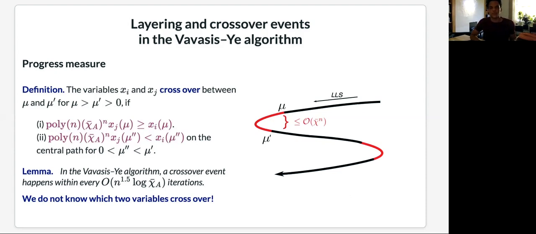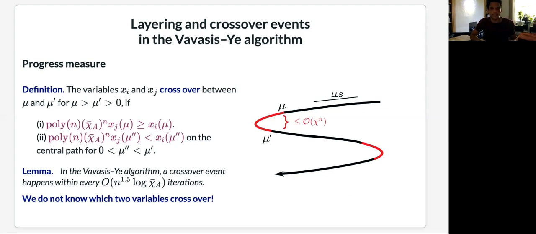And by short, I mean that the length is bounded by something like chi bar to the n, meaning the ratio between the parameter mu on the central path at the beginning of the curved part, and the parameter at the end of the curved part.